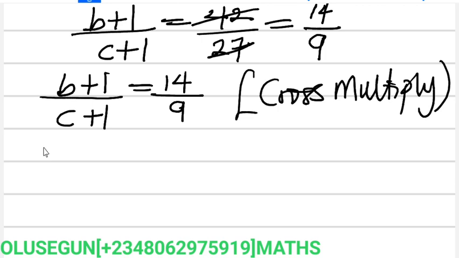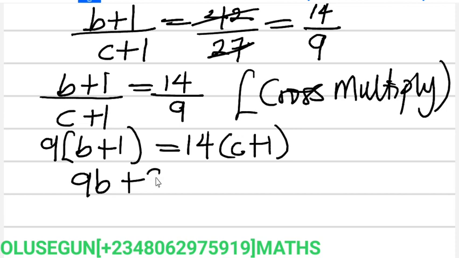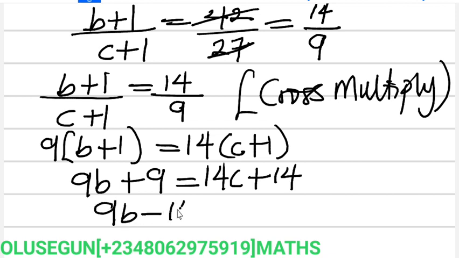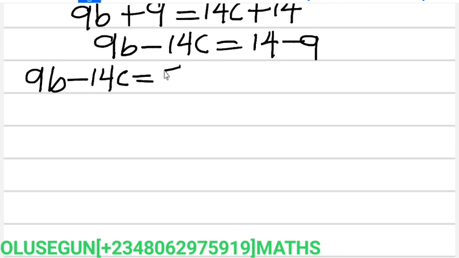We have 9 times b plus 1 is equal to 14 times c plus 1. 9b plus 9 is equal to 14c plus 14. 9b minus 14c is equal to 14 minus 9, so we have 9b minus 14c is equal to 5.